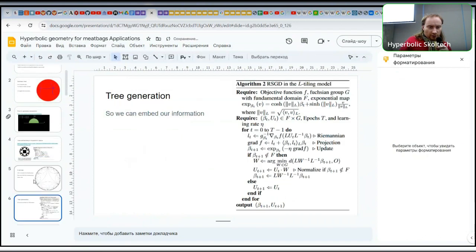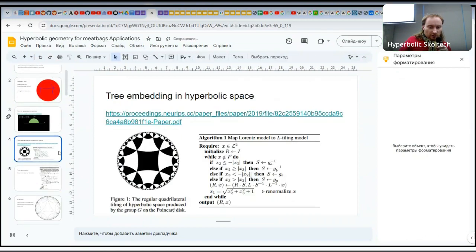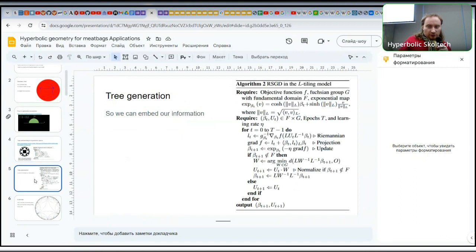This is just generating a tiling from a function group, and this is deriving the tree from it.